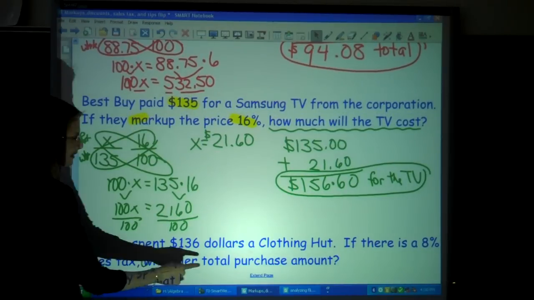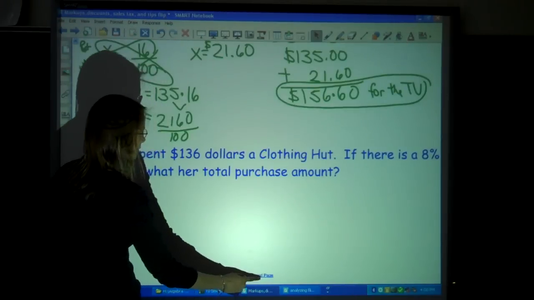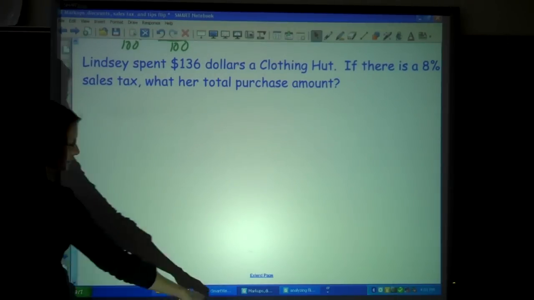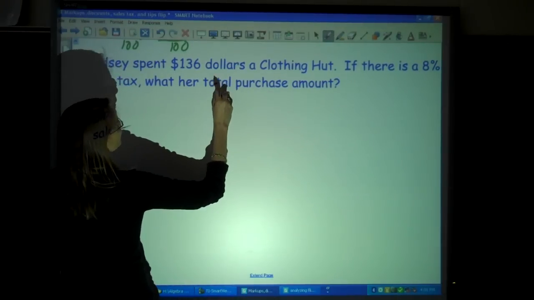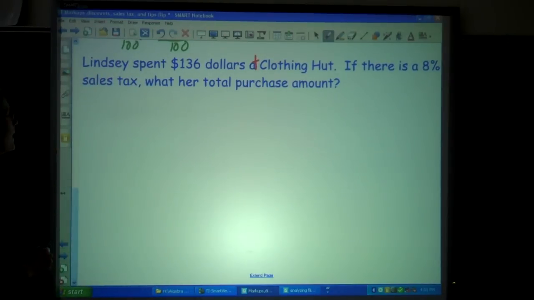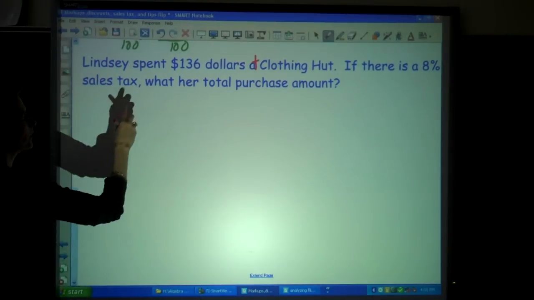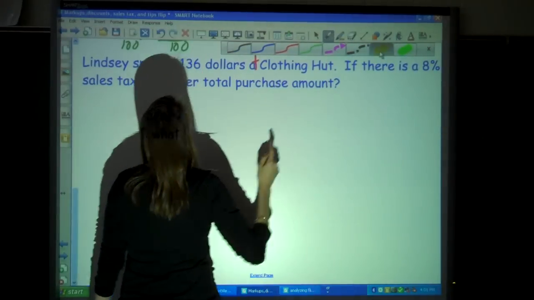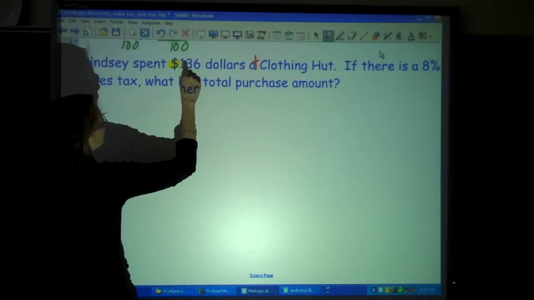And the last example for today says here that Lindsay spent $136 on, oh, that's a typo, that should be at Clothing Hut. If there is a 8% sales tax, what is her total purchase? So I'm going to highlight my facts. I know that she spent $136.